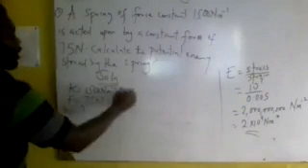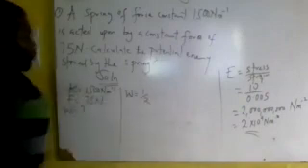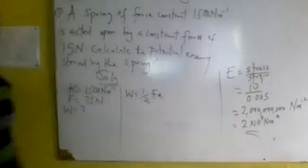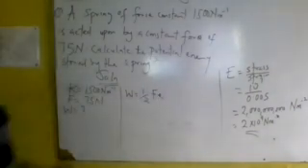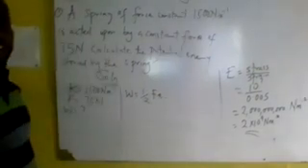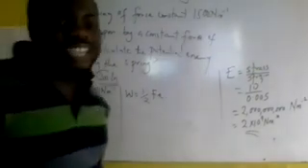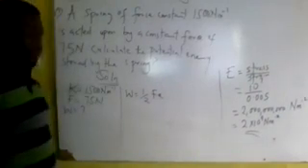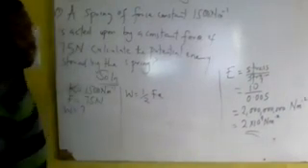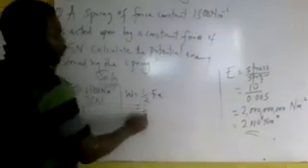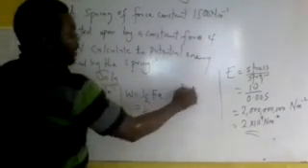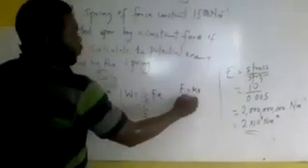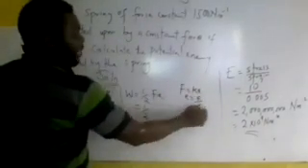Now, work done is equal to 1/2 Fe. However, if you look at this question, you're not given extension. You're only given force constant and force. So if you substitute, remember that F is equal to Ke, such that e will now be F over K, isn't it?